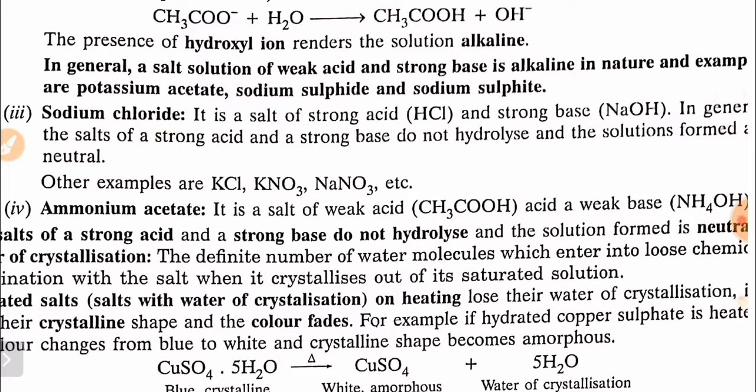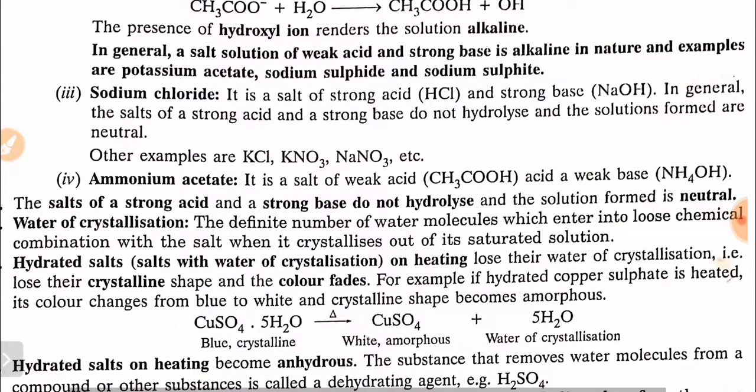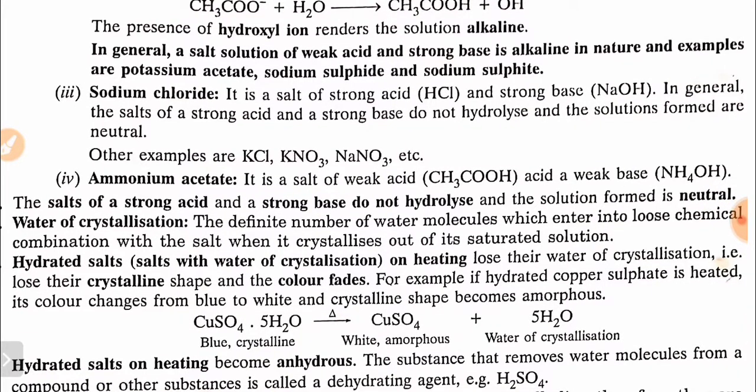Fourth one, ammonium acetate, is a salt of a weak acid and a weak base, and its solution is also neutral. Next thing is water of crystallization, whatever we read earlier, and the definition is also given here.